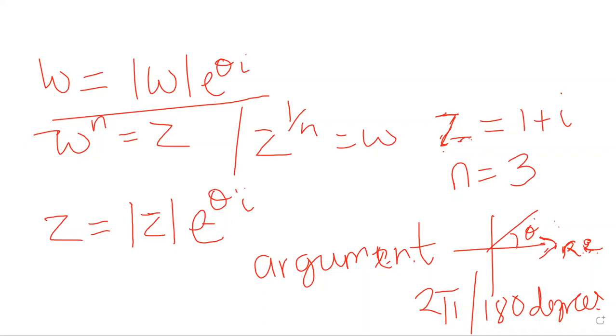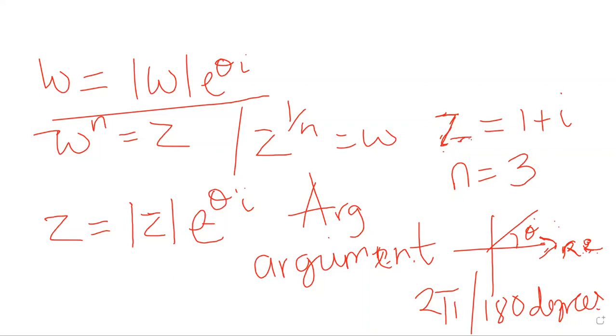So the principal argument normally has a capital ARG, but for the other argument they normally use a small a. We find it how we normally find it, plus multiples of 2 pi.